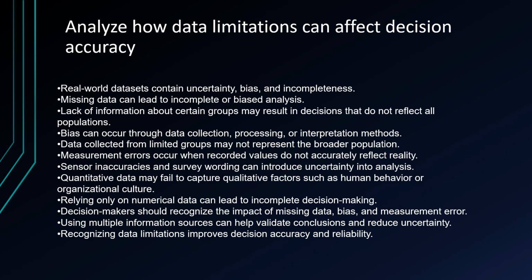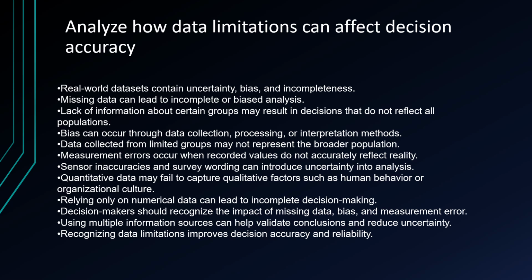conclusions. Analytical systems are powerful tools, but they cannot eliminate uncertainty entirely. Decision makers should therefore recognize the impact of missing data, bias, measurement error, and limited representation when interpreting analytical evidence. One effective strategy for reducing uncertainty involves using multiple information sources to validate conclusions.